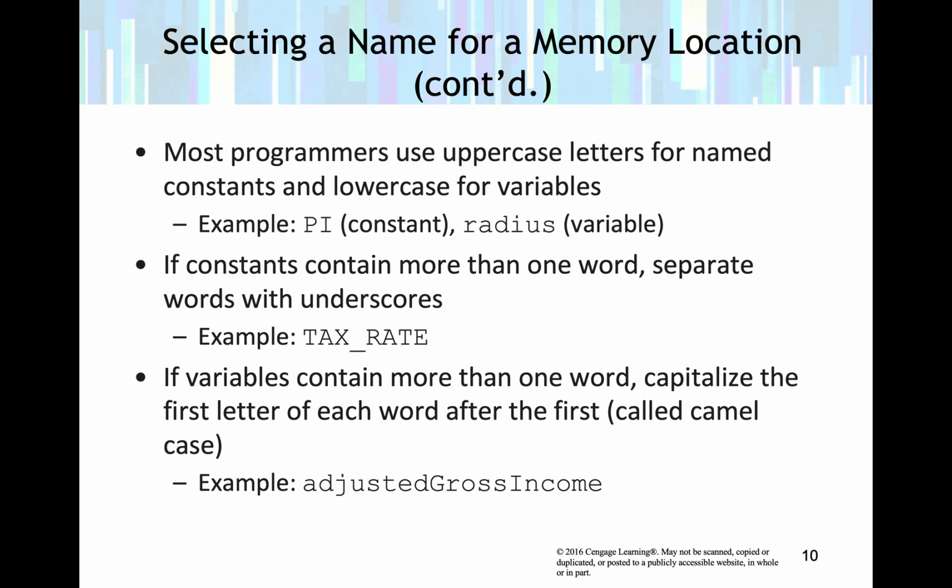If constants contain more than one word, separate them with an underscore. If it's a variable and it contains more than one word, then start with a lowercase letter and capitalize the other words. This is not required, okay? Again, this is a way for everybody to name variables and constants the same.